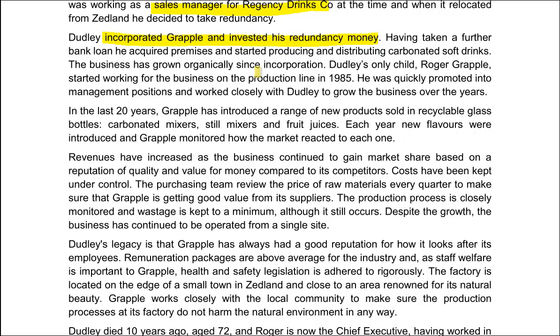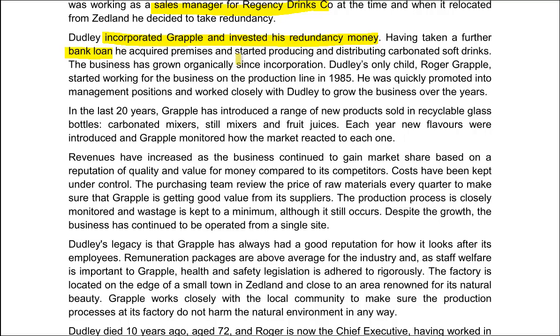So again, nothing I can particularly attribute, unfortunately, to a module, but there's going to be loads in here. But just something to keep you thinking as we go through. So he got a bank loan. Okay, there was some debt finance. So I guess a little bit of experience with debt finance.